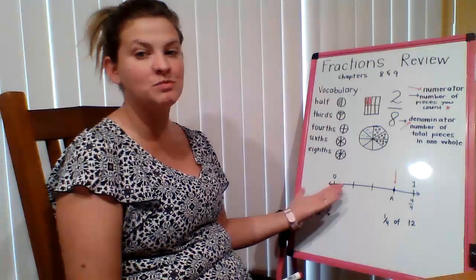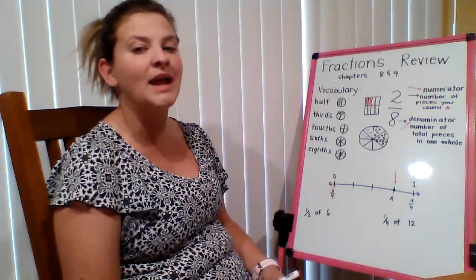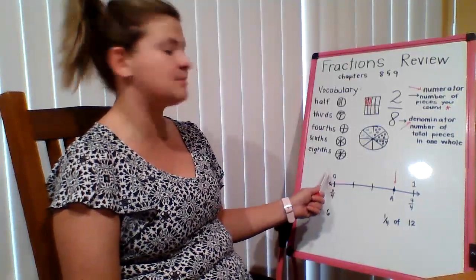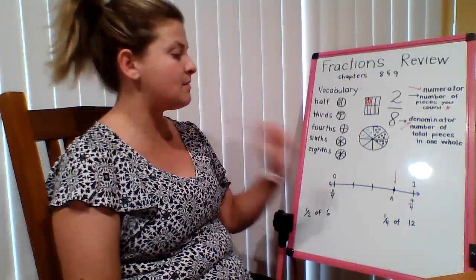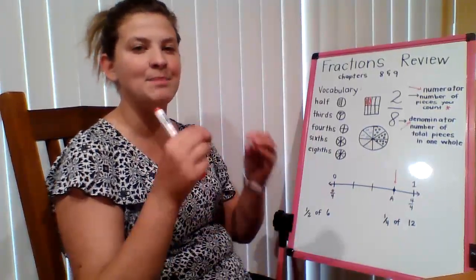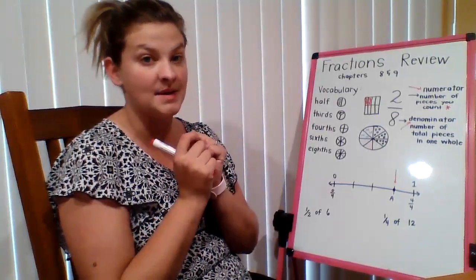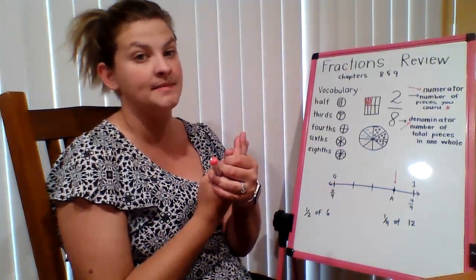We can also split a number line, right? So we have this number line, and you can see that we have the number 0 over here, and we have the number 1 over here. Because sometimes a fraction is a part of a whole, right? So we have 1 of something that we split into equal pieces, okay?